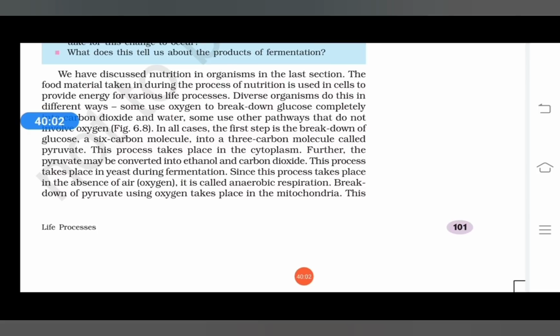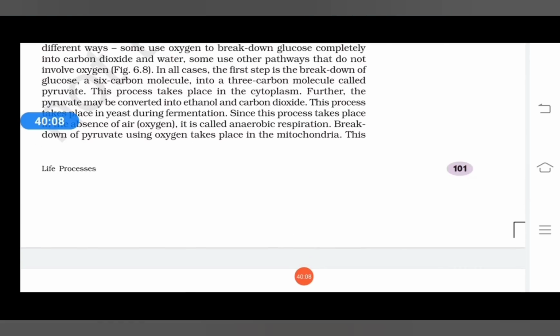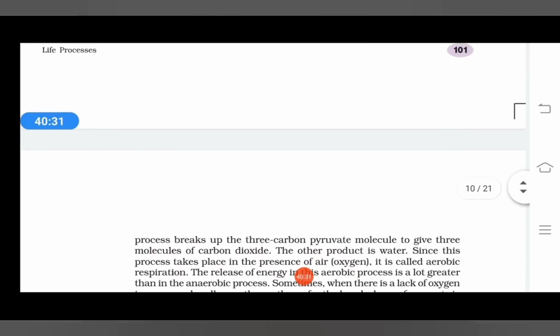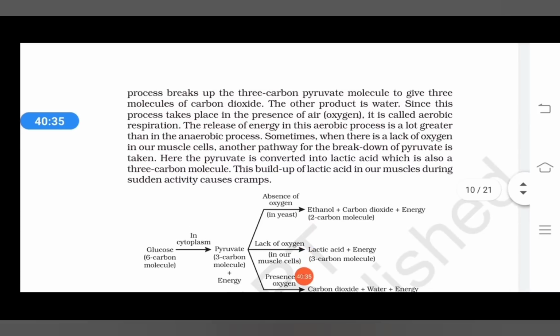The breakdown of pyruvate using oxygen takes place in the mitochondria. This process breaks up the 3-carbon pyruvate molecule to give 3 molecules of CO2.